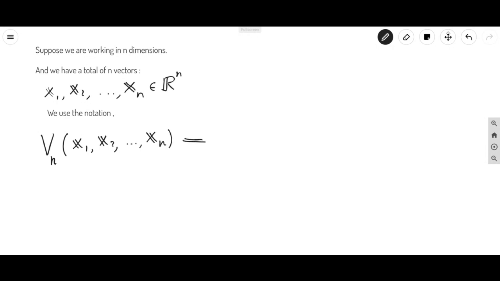And this is going to be equal to, by definition, this is the way we're going to define that quantity, the oriented n-dimensional volume of the solid parallelogram formed by these n vectors.